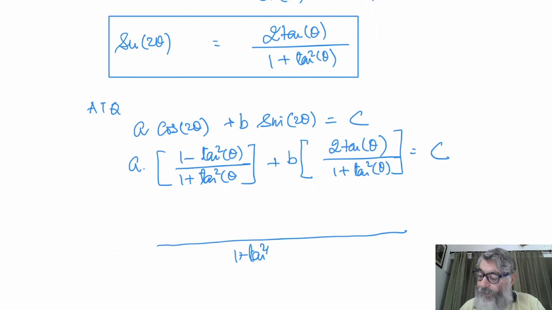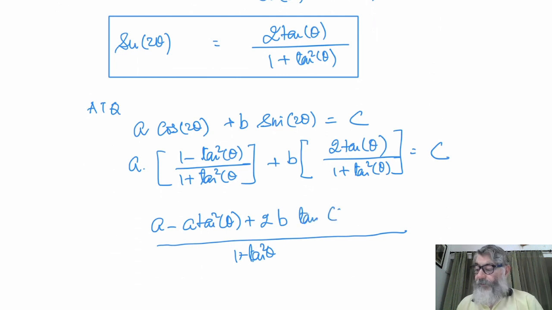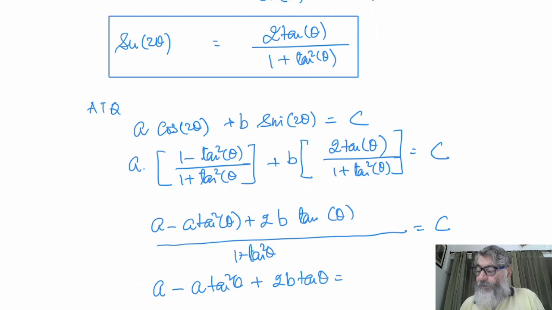And let's multiply: A minus A tan square theta plus 2B tan theta is equal to C. So A minus A tan square theta plus 2B tan theta is equal to C plus C tan square theta.